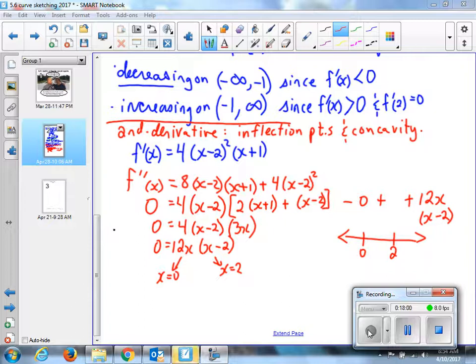X minus 2 is 0 at 2, lower is negative, higher is positive. My hands are writing faster than my mouth can speak. Okay. Plus, minus, plus. What does this mean?